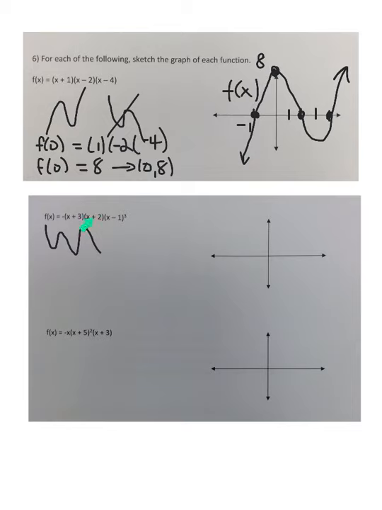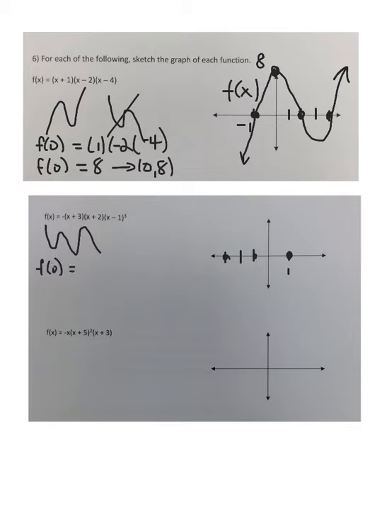Let's go for the zeros. So I have negative 3 and negative 2 and positive 1. Okay, so how about we plot those? So I have negative 3, I have negative 2, and then I have positive 1. Okay, now I would want to find where it hits the y-axis, so I'm going to do f of 0.